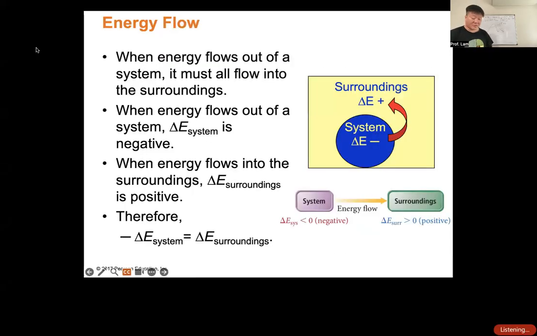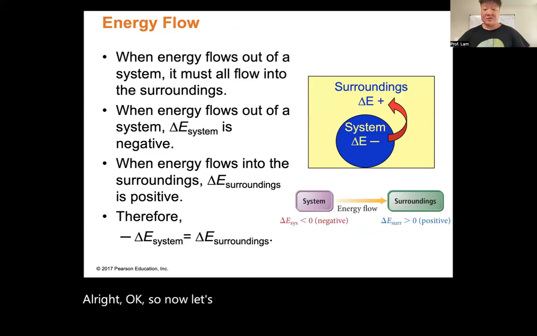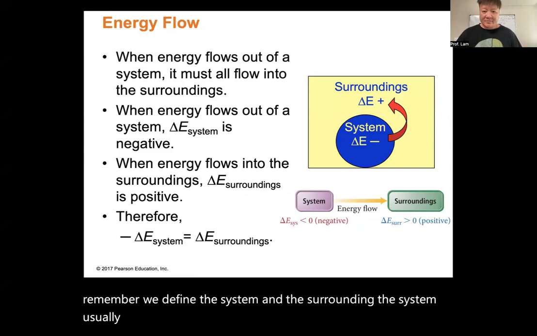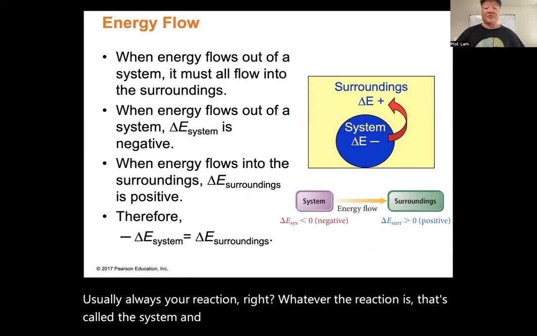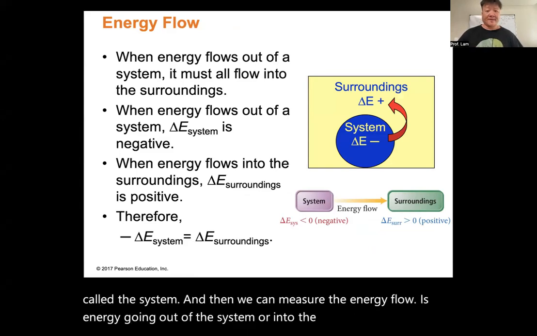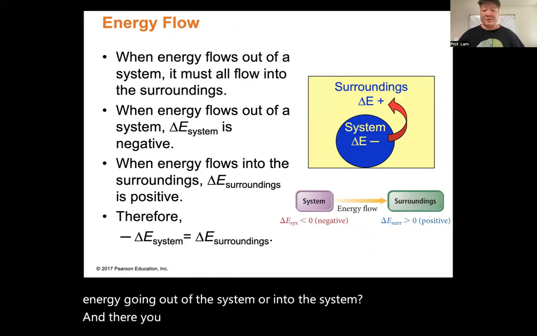All right. Okay, so now let's talk about energy flow, right? So remember, we define the system and the surrounding. The system, usually always your reaction, right? Whatever the reaction is, that's called the system. And then we can measure the energy flow. Is energy going out of the system or into the system? And they're indicators.